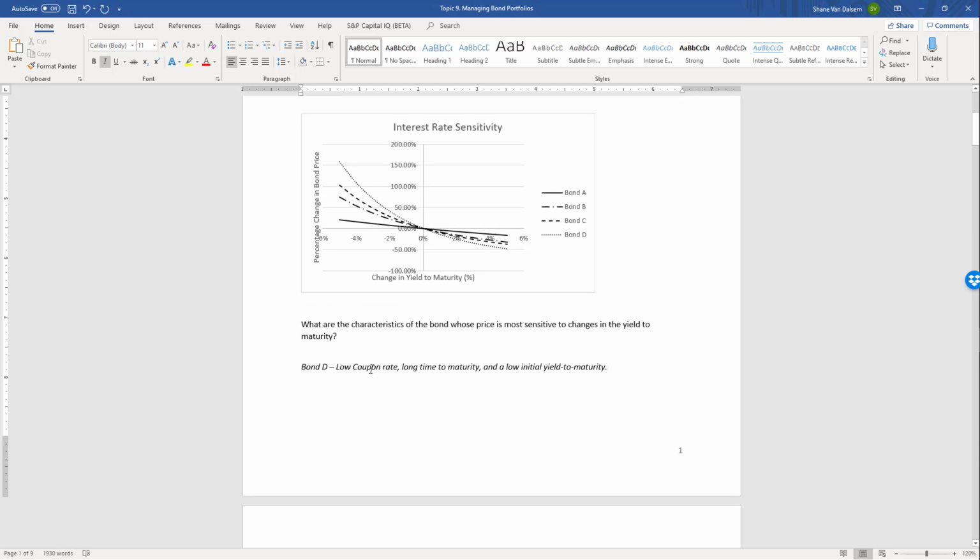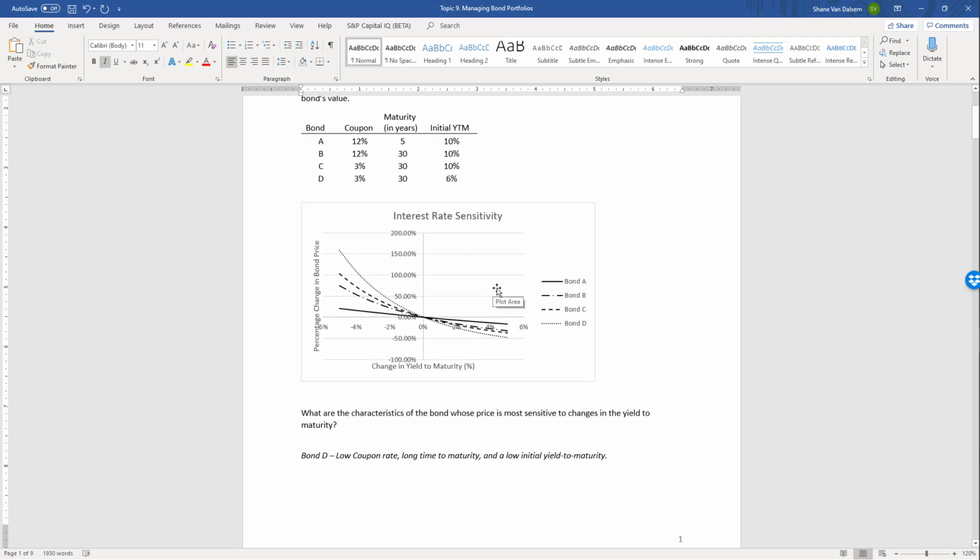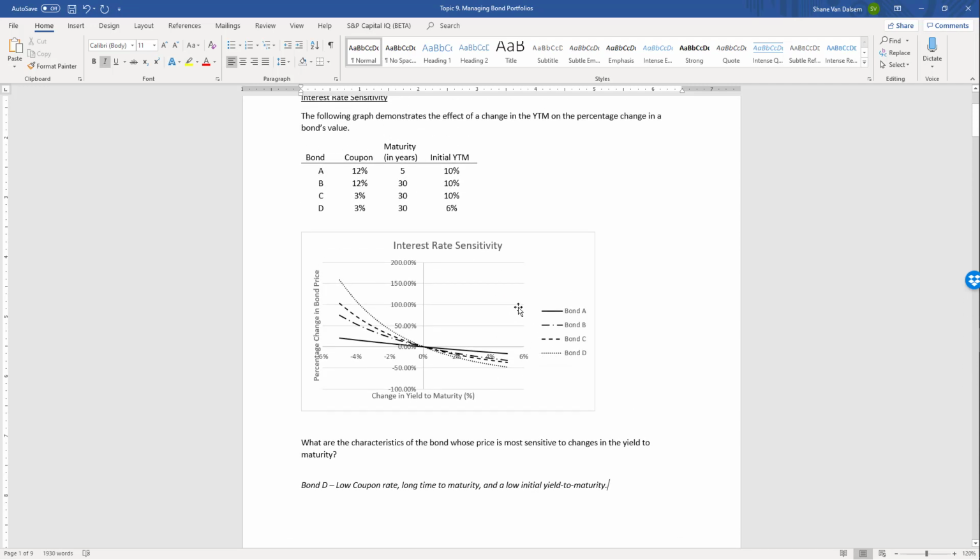This low coupon rate is a big factor affecting the interest rate risk, because what this means is that more of the value of the bond, or more of the return of the bond, occurs over time whenever we get the par value at maturity. So it's sold at a greater discount because the coupon rate is lower.